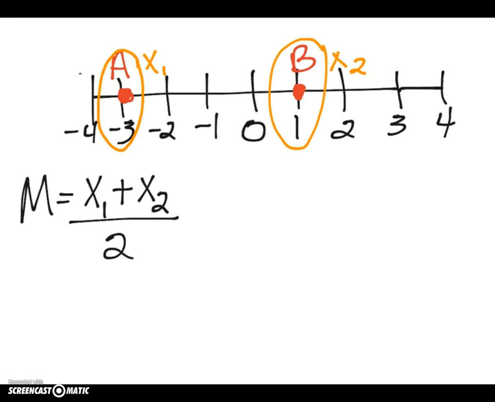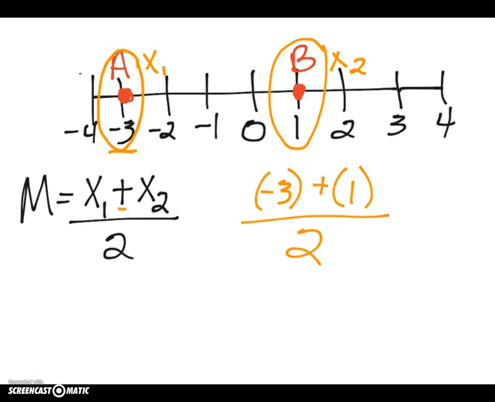So we are just going to plug these numbers into this formula. We have x1 is -3, so we're going to have -3 plus 1, which is what x2 was, and then this is all divided by 2.